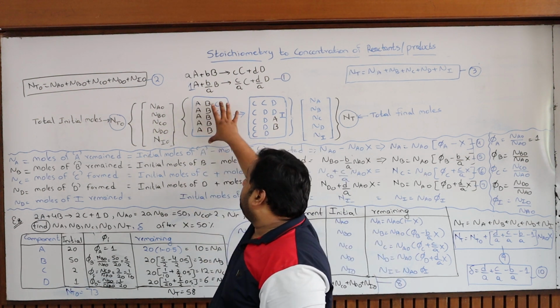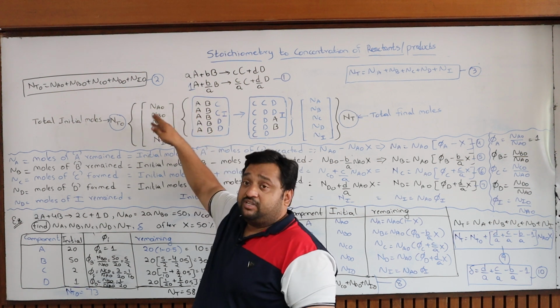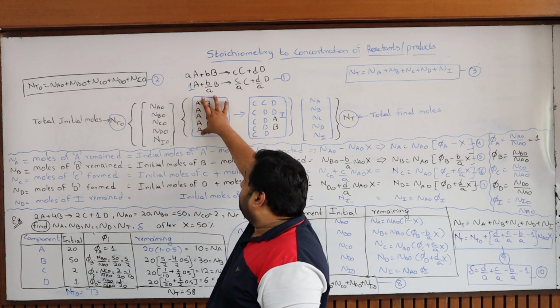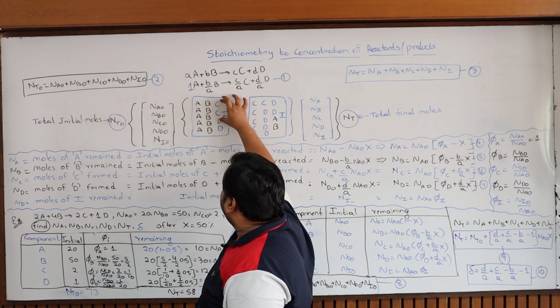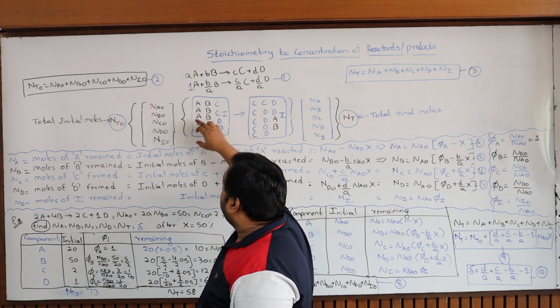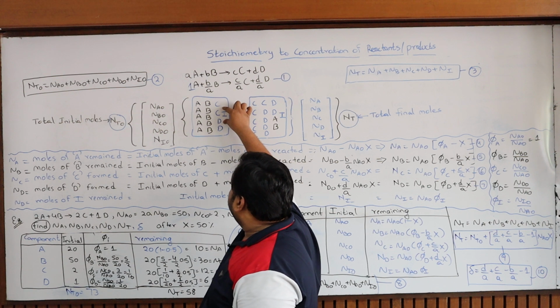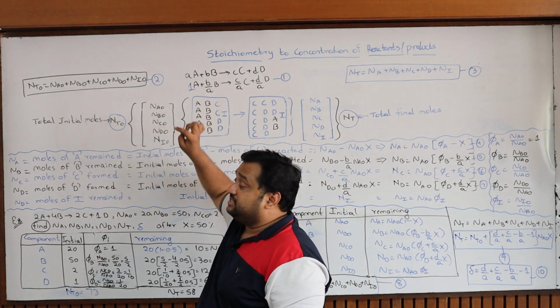This is before the reaction. Let us denote the symbols. The initial amount of A is Na0, of B is Nb0, of C is Nc0, of D is Nd0, and the initial moles of inert is Ni0.